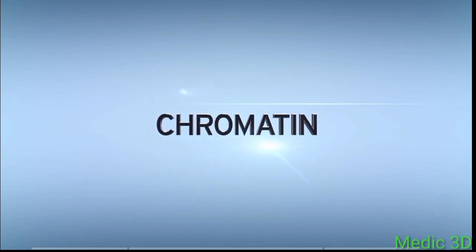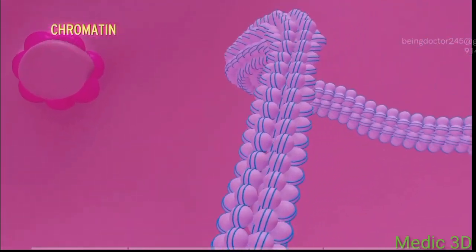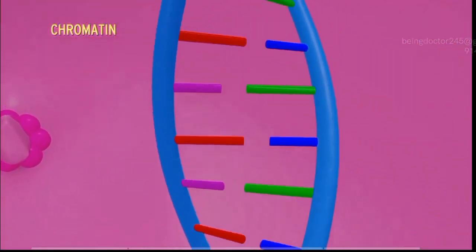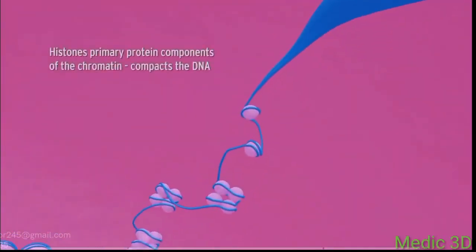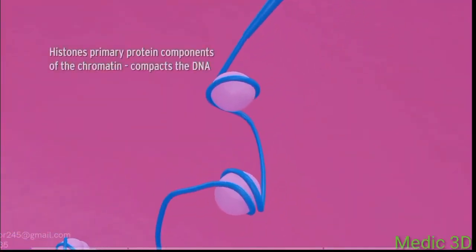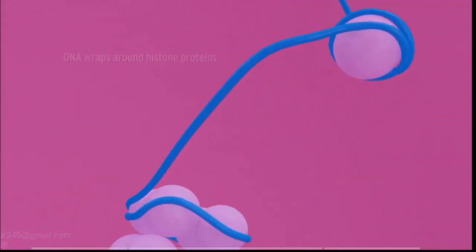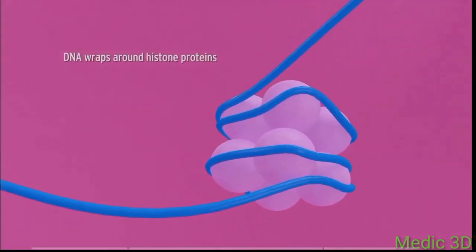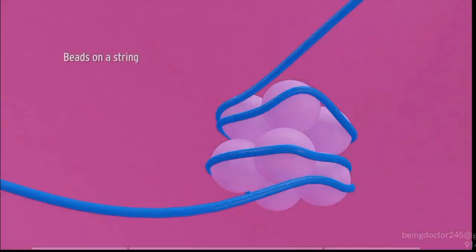Chromatin. The chromatin consists of a complex of macromolecules such as DNA, protein, and RNA. Histones are primary protein components of the chromatin that compact the DNA. DNA wraps around histone proteins, forming nucleosomes, the beads on a string, commonly called euchromatin.